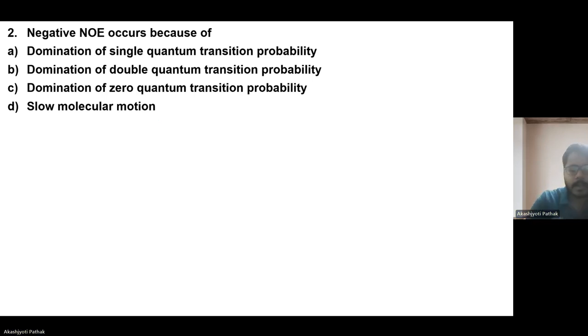Which option will be correct? Negative NOE will be because of the domination of zero quantum transition. Why?